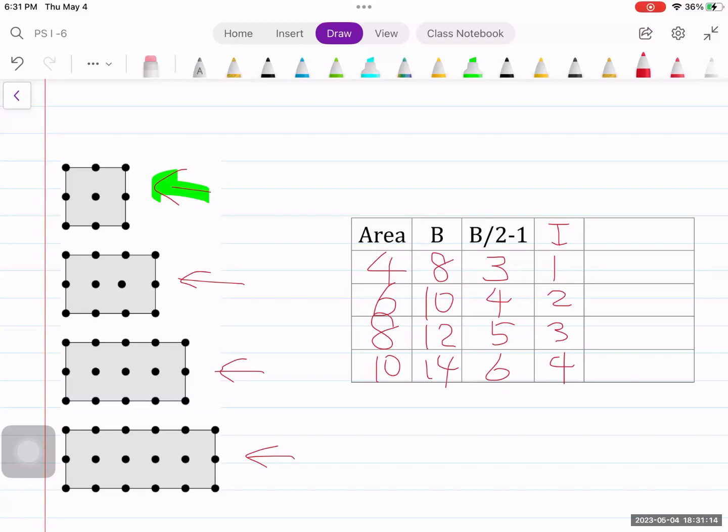Well, it's B plus I. B plus I divided by 2 minus 1. If we're combining these two, right? If we add I, then it actually will be equal to the area, right? Yeah. It looks like the real formula maybe should be like this.